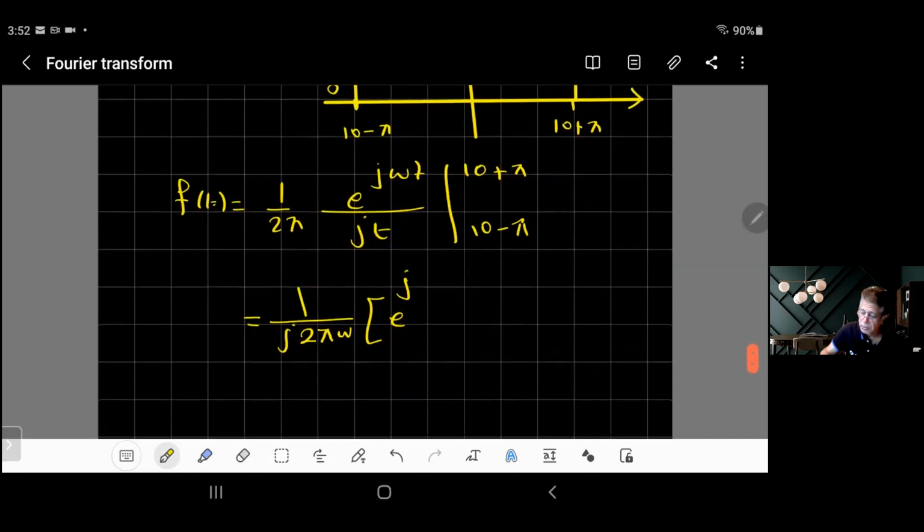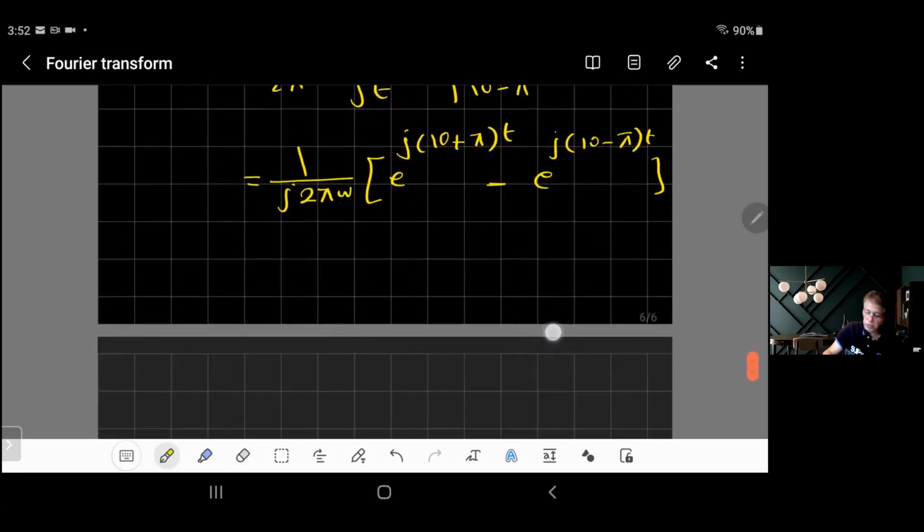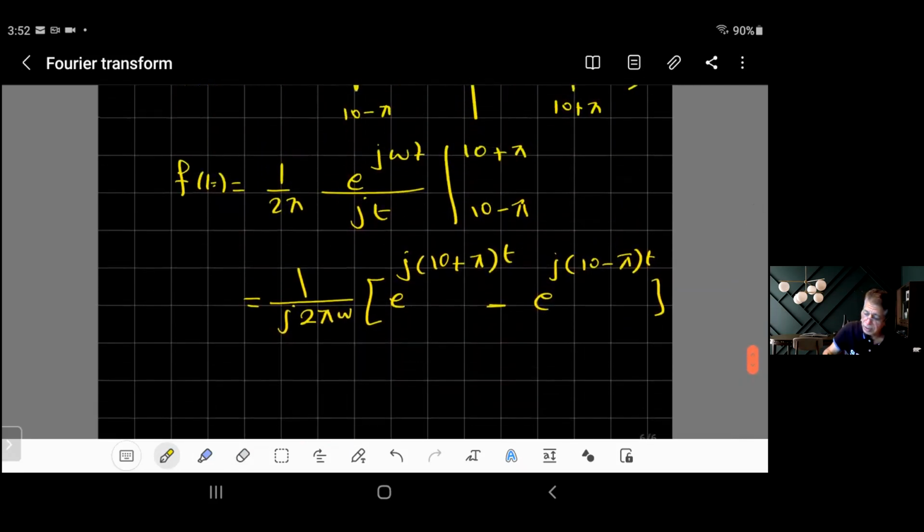Now I will start to substitute omega by 10 plus pi, so you have e^(j(10 plus pi)t) minus e^(j(10 minus pi)t). All right, let's fix that: we have jt here, so that should be t.